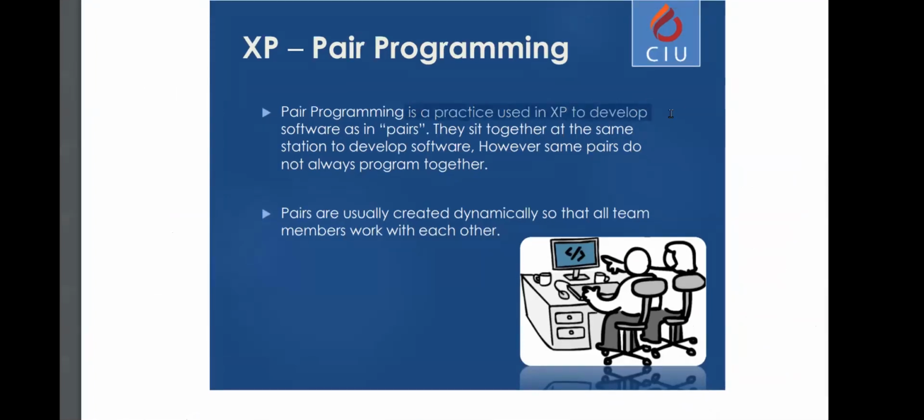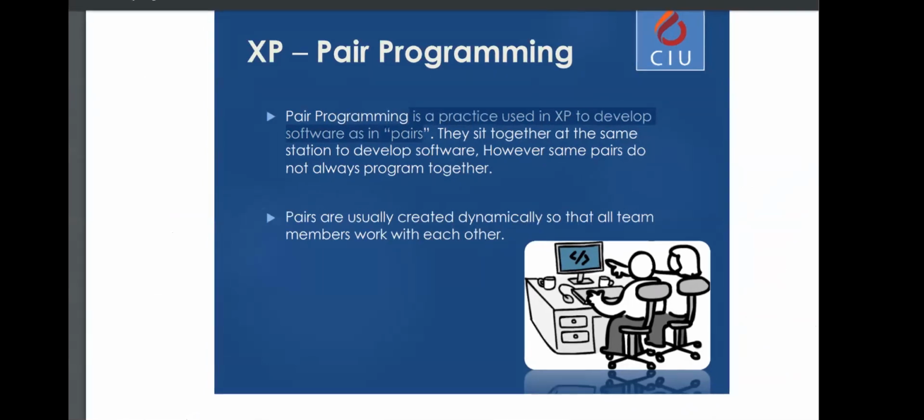In this practice, software developers do not work alone. One of them sits next to the other and points out errors, possibly syntax or semantic errors, that could happen during the development phase. They sit together at the same station to develop the software.